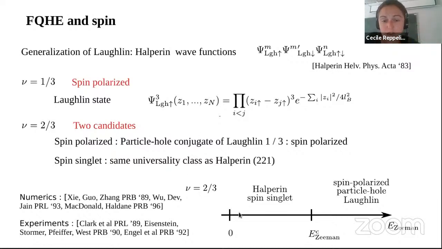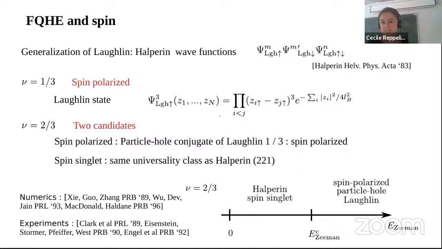And actually, if you have g = 0, if you have no Zeeman energy, the ground state is the Halperin spin singlet, or the states associated with it. So it's a spin singlet. And if you have a larger Zeeman energy, you're going to fully spin polarize and end up in the other phase, the particle-hole conjugate Laughlin phase, if you'd like. And this is something that is seen both in experiments and numerically as you change the Zeeman energy.